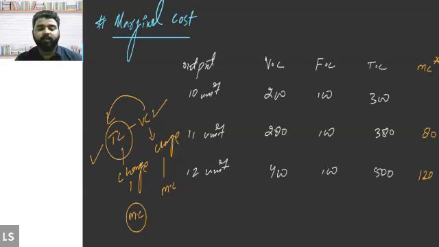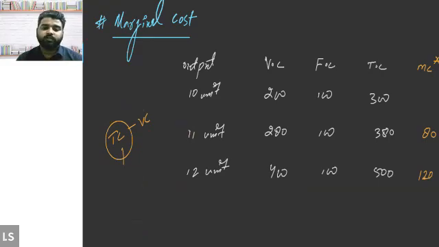Change in variable and change in total always remain the same. So can we say that marginal cost can be calculated either from the total cost as well as from the variable cost? Can we say that, Alexander? Yes, sir. Yeah. So now see, let's do this.